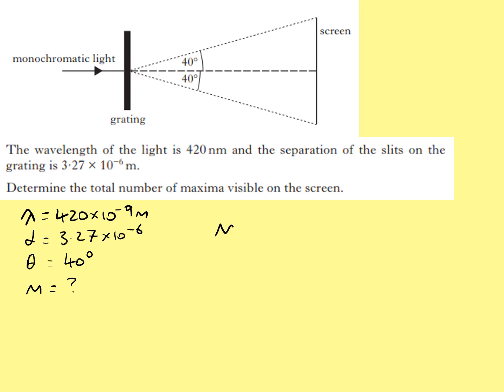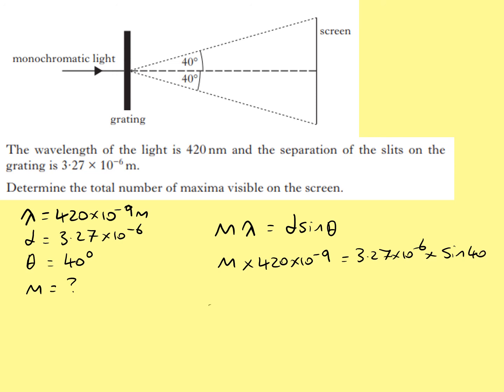So our equation is as it stands, m lambda is equal to d sine theta. So m multiplied by 420 times 10 to the negative 9 is equal to 3.27 times 10 to the negative 6 multiplied by sine of 40.